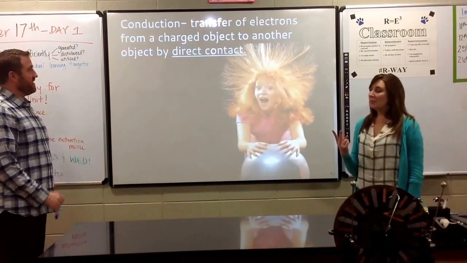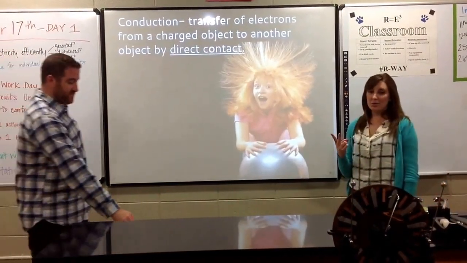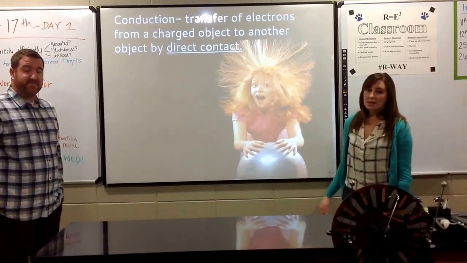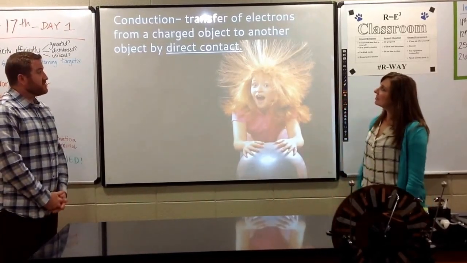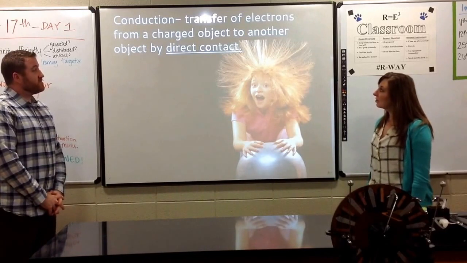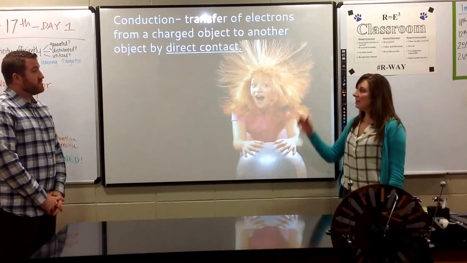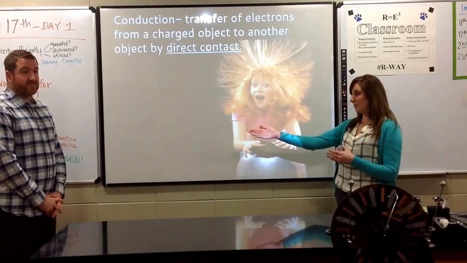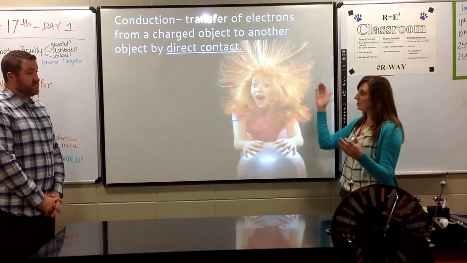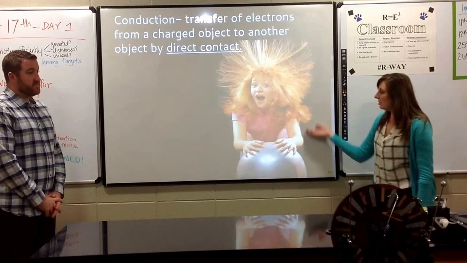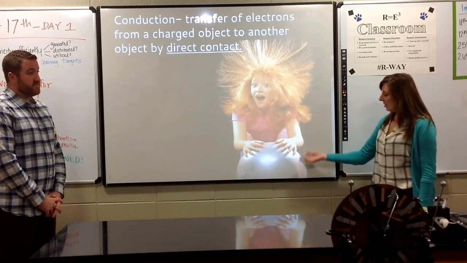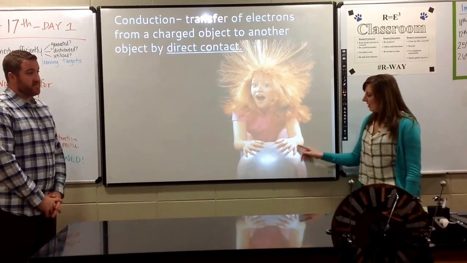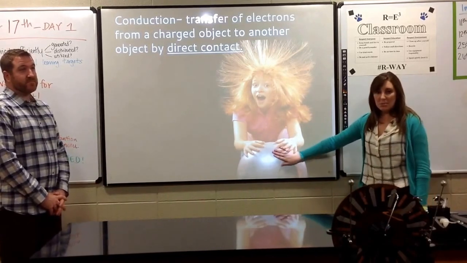Alright, our second way that charge can be transferred is through conduction. So looking at the definition, conduction is the transfer of electrons from a charged object to another object, this time by direct contact, so just two things touching. Not like friction where they have to be rubbing together, but just direct contact. So here is an example of a young lady with a Van de Graaff generator, and she is directly touching the top of this.